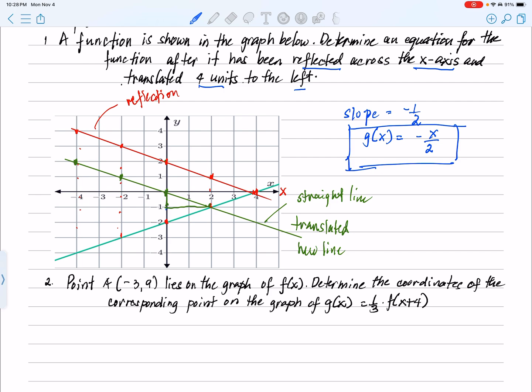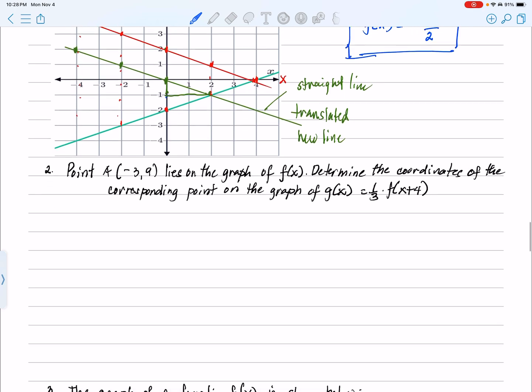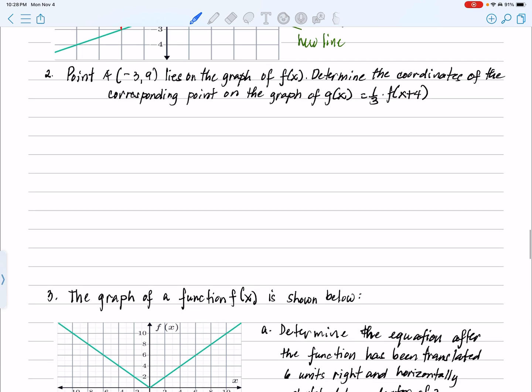Okay, let's do this. A point A, negative 3, 9 lies on the graph of f of x. Determine the coordinates of the corresponding point on the graph of g of x equals 1/3 f of x plus 4. All right, look at this. So we have a transformation that is taking place. So what are we going to do?